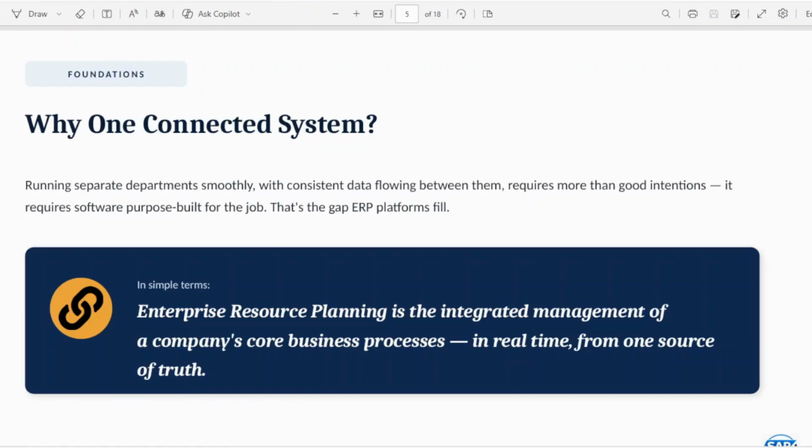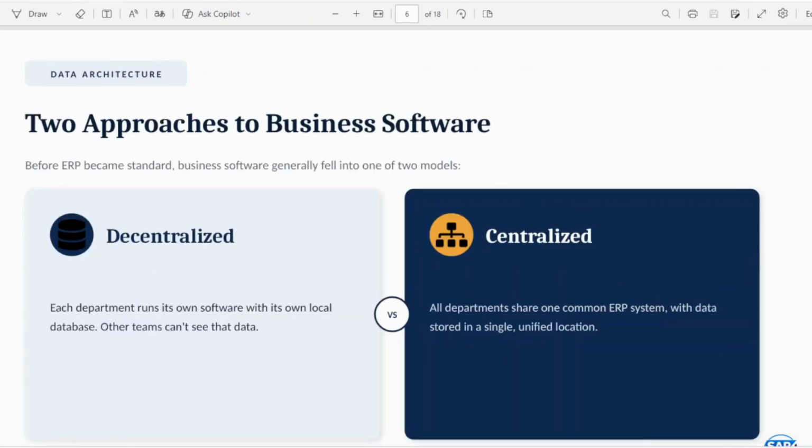That's why, in simple terms, enterprise resource planning is the integrated management of a company's core business processes in real time from one source of truth. So we can say it's a single software that is used to manage the whole organization.